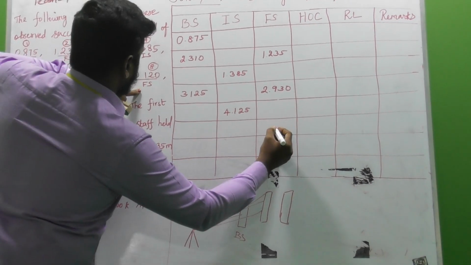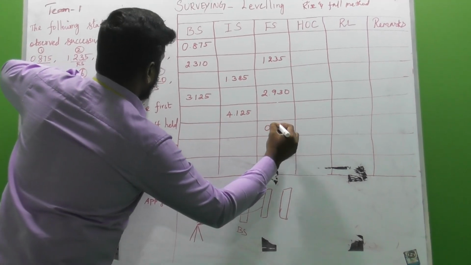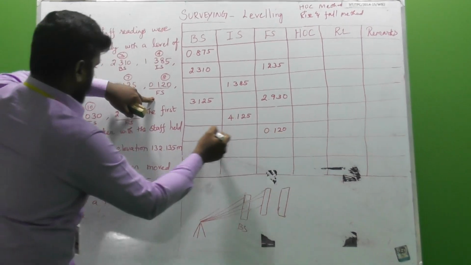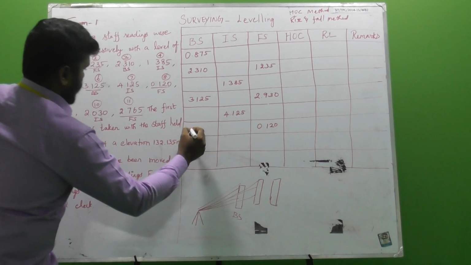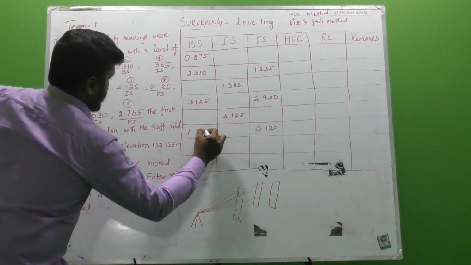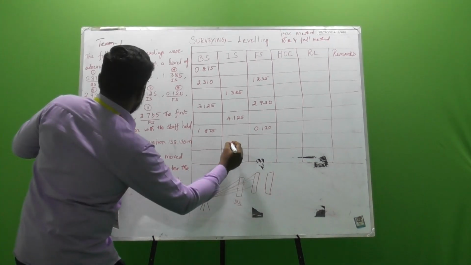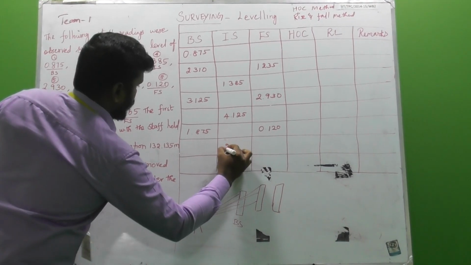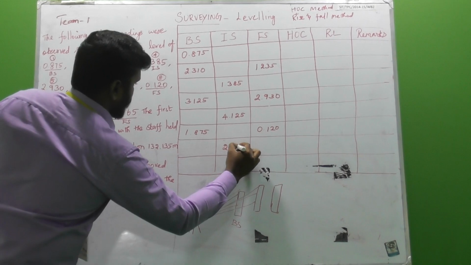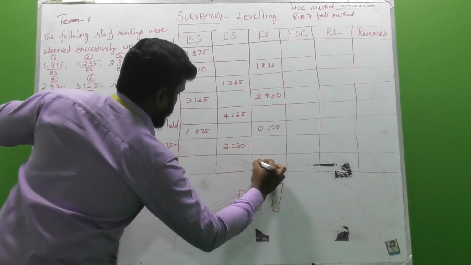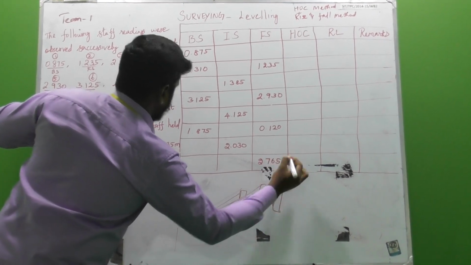So 0.120. Where we enter the FS value, in the same row we enter the BS value, 1.875. Right? Then the next value is the intermediate sight value, 2.030, and the final reading, the foresight value, is 2.765. Right?